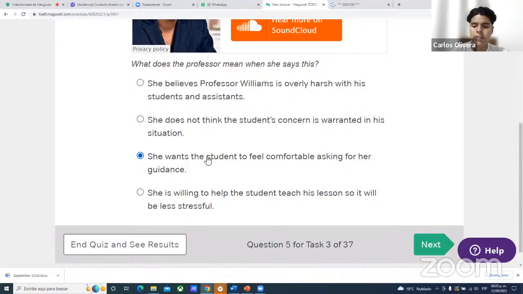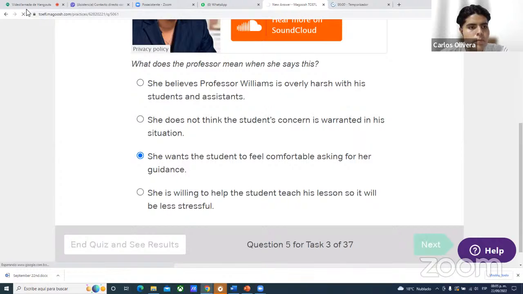And later, I think this is after she said to the student that she has time for him to ask her any question. And when she says this, right after he explains the problem to her so that she can give him some particular guidance or things like that, I think the reason why she says this is like, please don't worry. I want you to feel comfortable asking for my guidance, right? Because I know how difficult this could be. Let's see if this is a great answer.